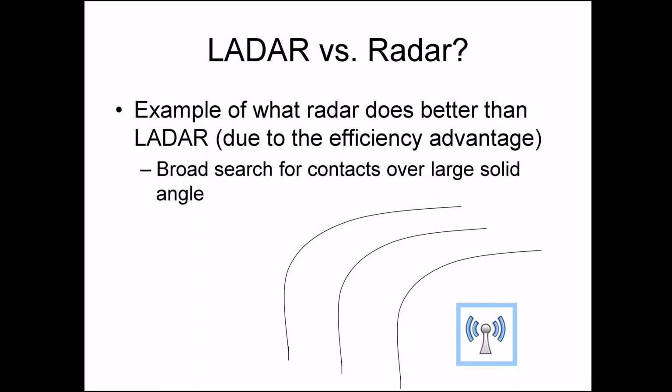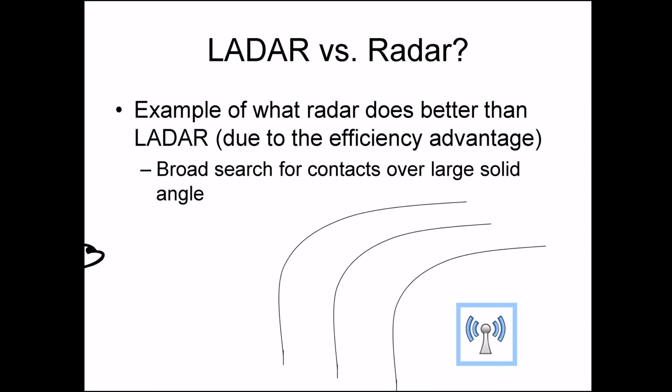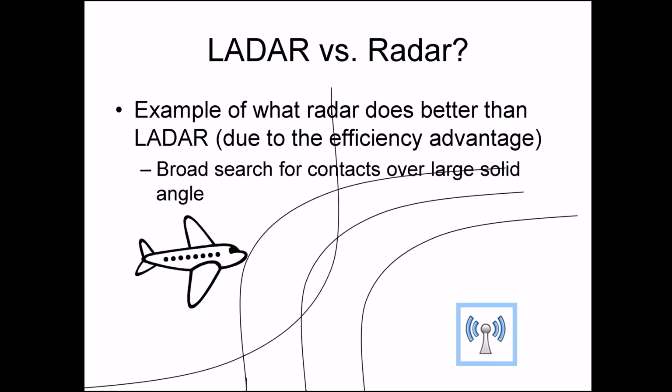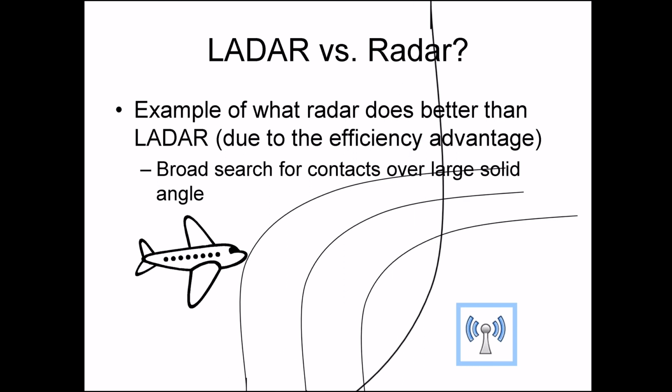It's the air defense scenario where incoming aircraft may be entering the space, and you want to know about it, so you interrogate the space with a radio wave, and when something bounces back, then you know that you've got an intruder. The time that it took that wave to bounce back tells you how far away they are, and if you've got an antenna that's scanning the space, that gives you some idea of when that's picked up and what direction the intruder is coming from.